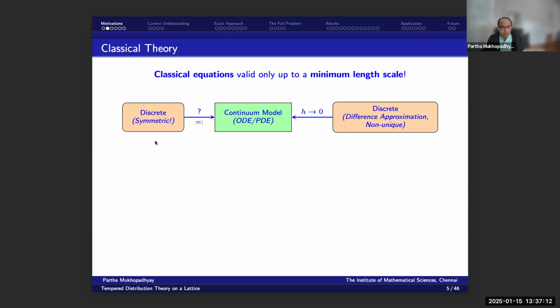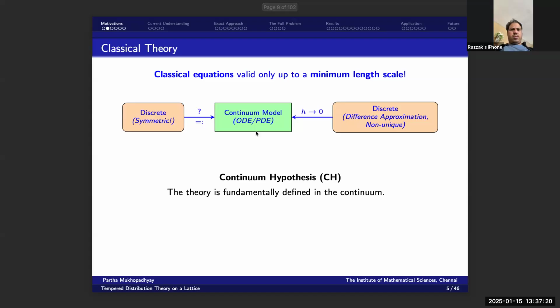This discrete model must be symmetric, though we don't know what it is. It should be symmetric because we see the symmetries in the continuum model. And if we take the scenario realistically that the theory is defined in the continuum, I will refer to that as the continuum hypothesis, which means that the theory is fundamentally defined in the continuum.